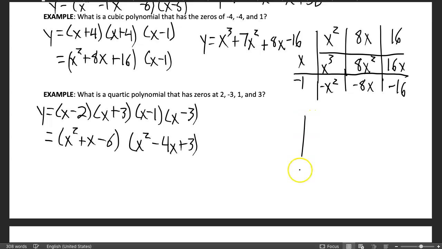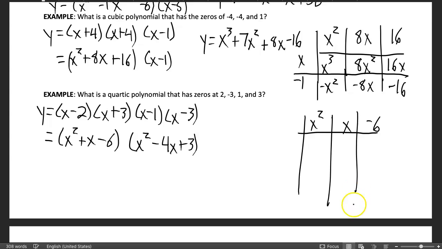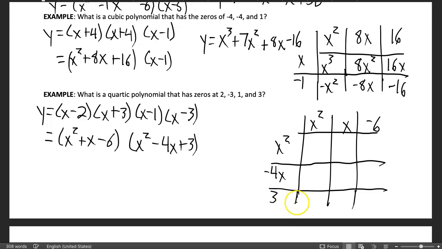Now let's go ahead and make our chart. We'll have x squared, we'll have x, we'll have -6, and we will have x squared, we'll have minus 4x, and we'll have 3. Now multiply these all together. X squared times x squared will give us x to the 4th.